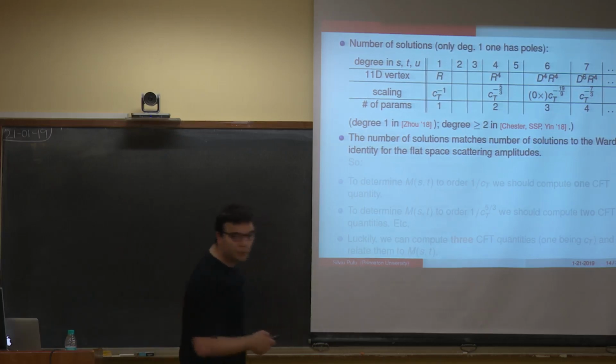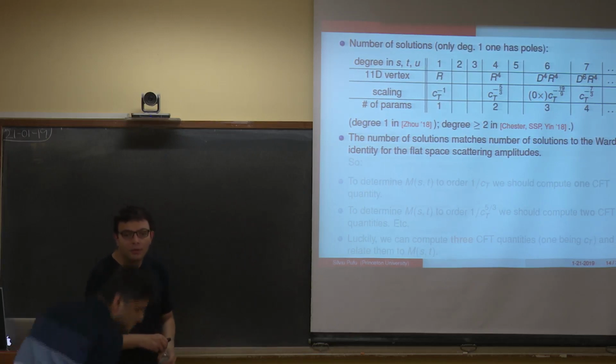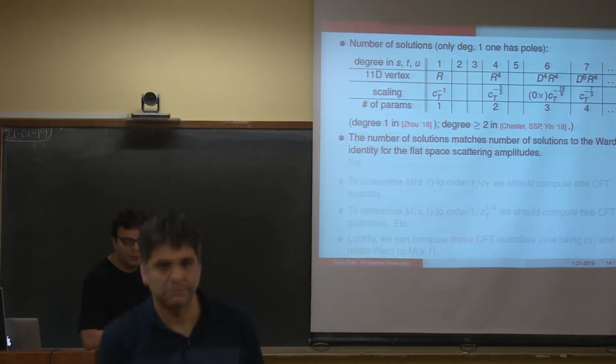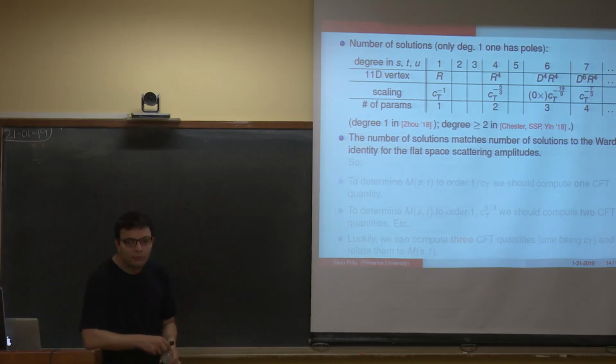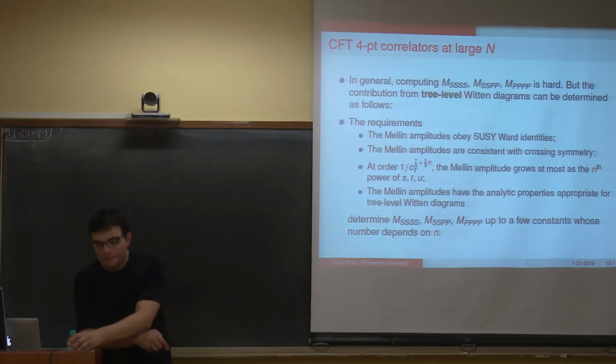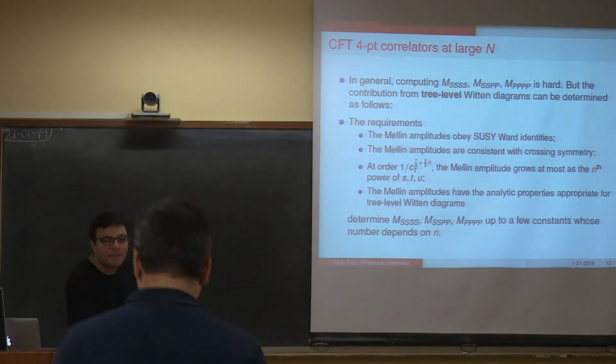Can I think of this question that you're asking as constructing the CFT data from the scattering? Can you go back to the previous slide? It's at most the nth power, you say? Yes. But there are lower powers. So that all becomes invisible in the limit, right?